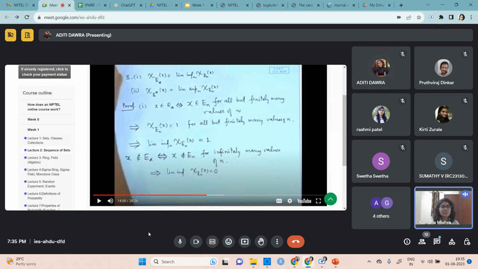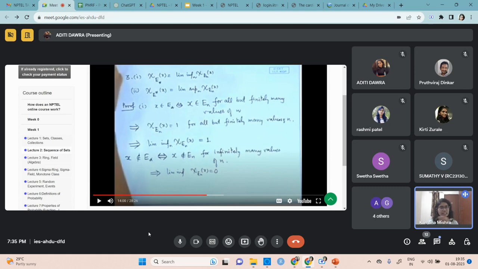So we have the indicator function of En for X. This X does not belong to En, then the indicator function for all the En of X will be 0. Now it will be 0, then we will take the infimum, then the infimum will also be 0. So this is what I have understood.